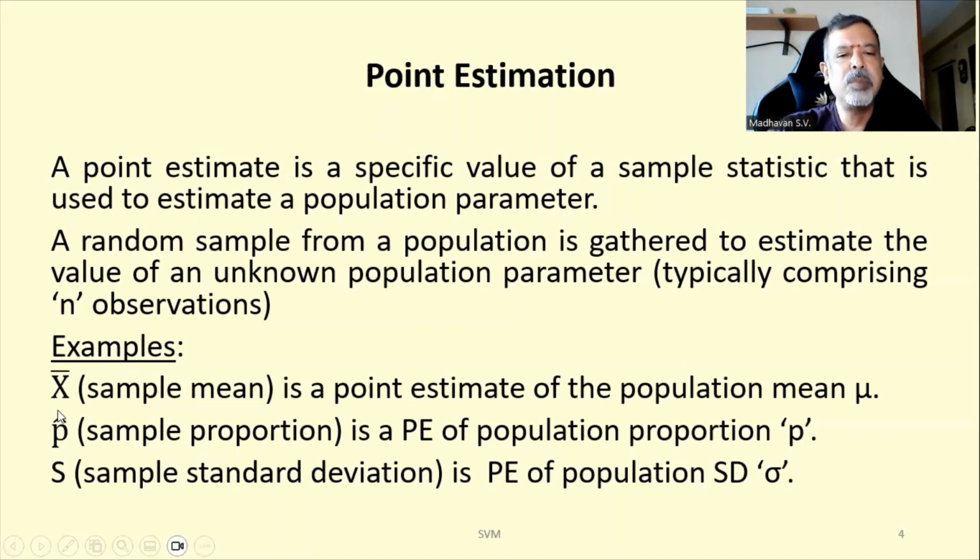For example, X bar, the sample mean, is the point estimate of the population mean mu. P cap, the sample proportion, is a point estimate of the population proportion P. And S, the sample standard deviation, is a point estimate of the population standard deviation sigma. So this is about point estimation. Let us move on to the next.